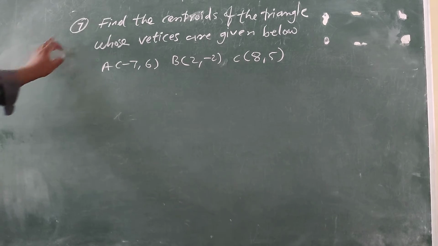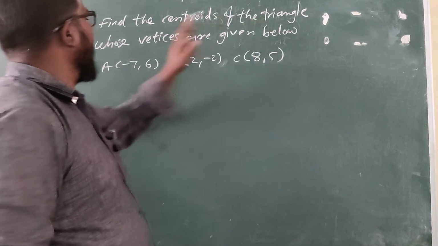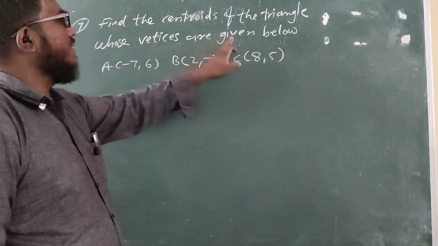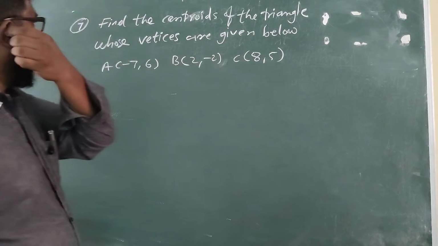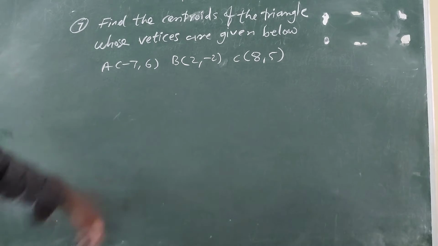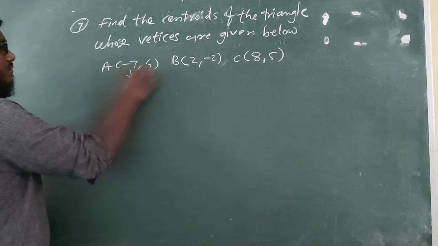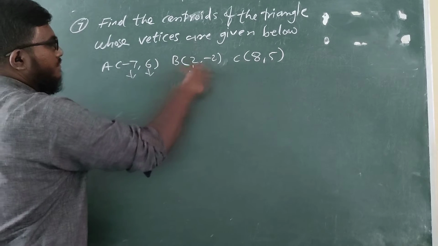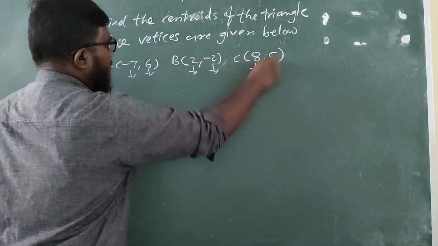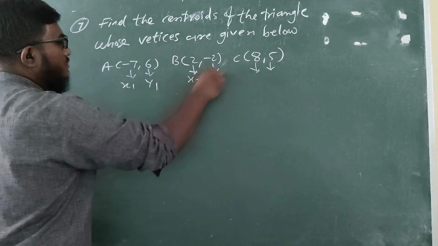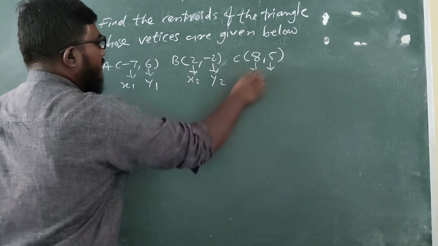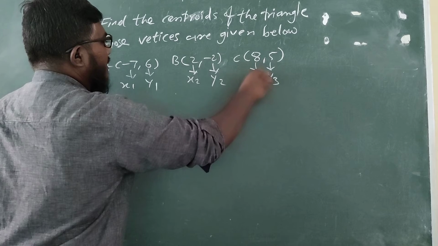7th example is like this. Find the centroid of the triangle whose vertices are given below. Points A, B and C are given because it is the triangle. Now we have to denote the values x1, y1, x2, y2, x3 and y3.